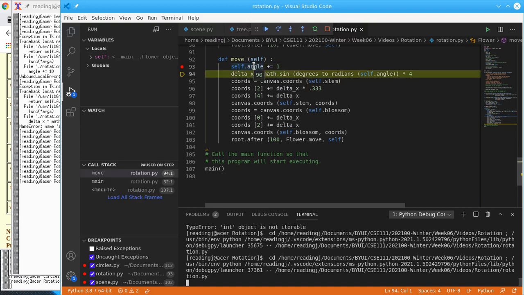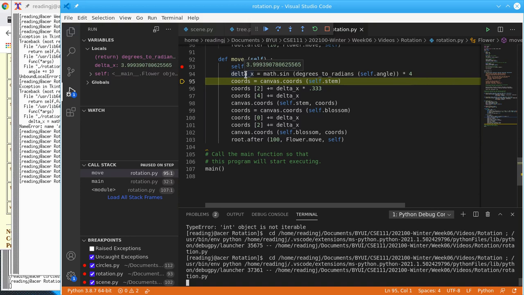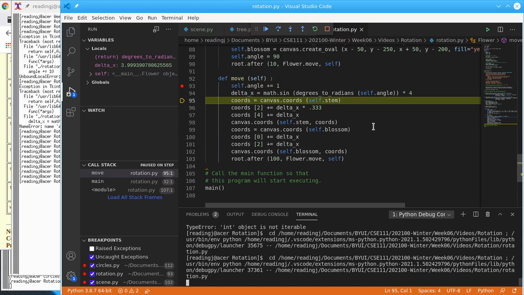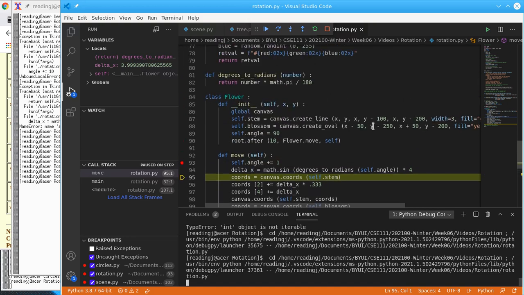I step and it goes to 91. Delta x should be, that doesn't look right. Delta x should be almost nothing at that point.